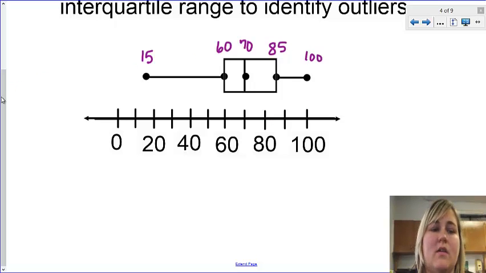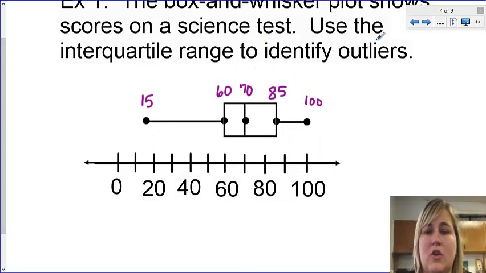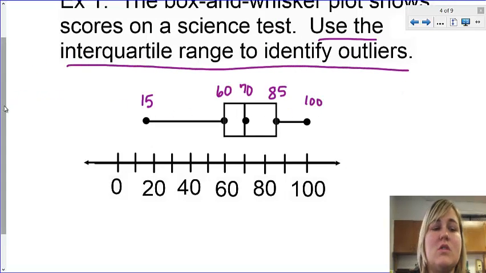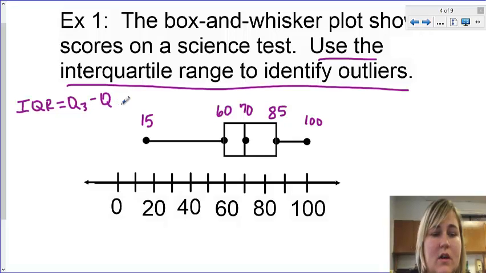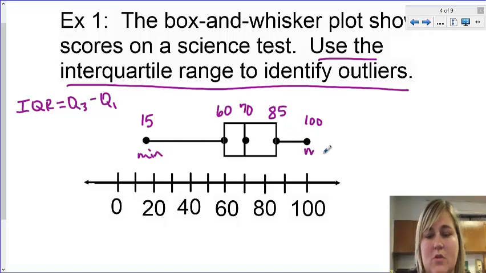Now, it says use the interquartile range to identify outliers. Interquartile range, remember, IQR, is equal to Q3 minus Q1. Well, this is the minimum, the maximum. We have Q1, Q2, and the median.